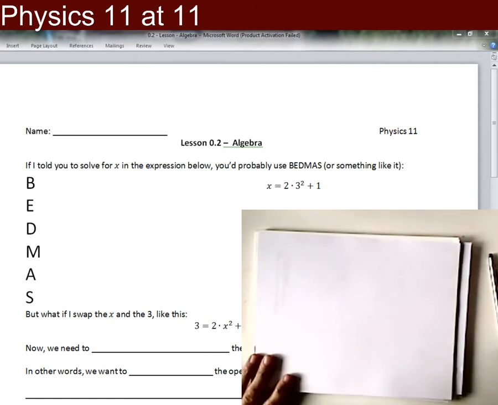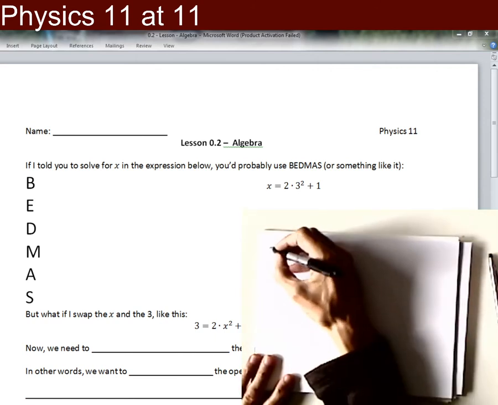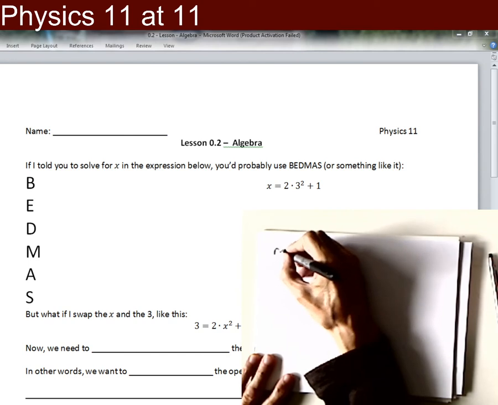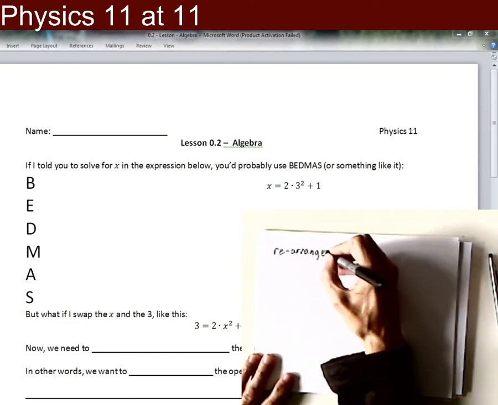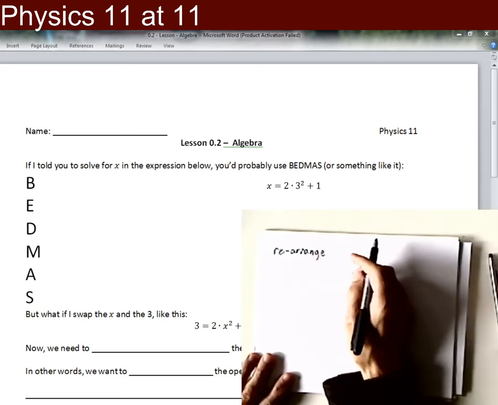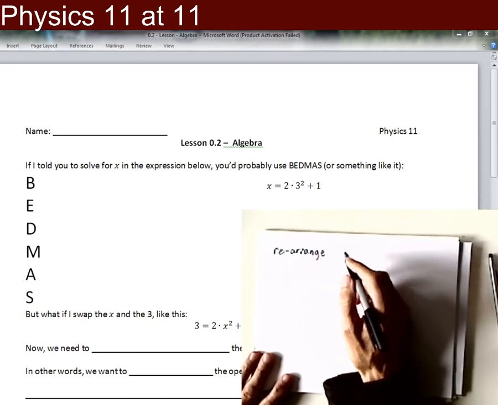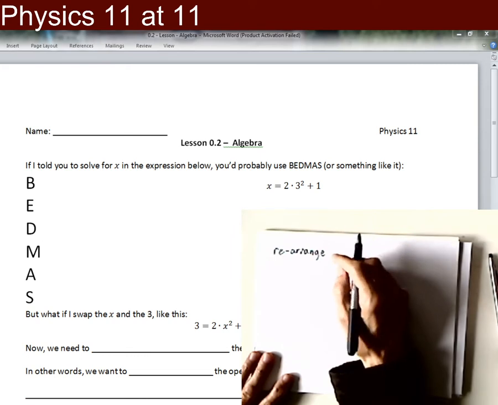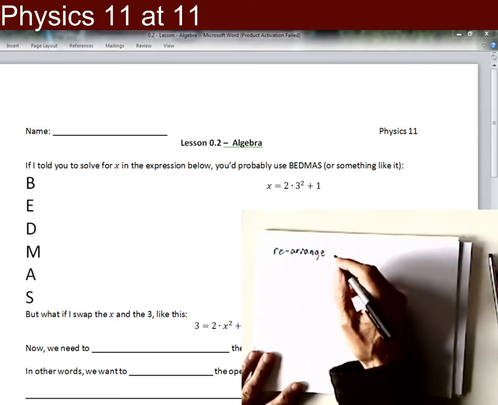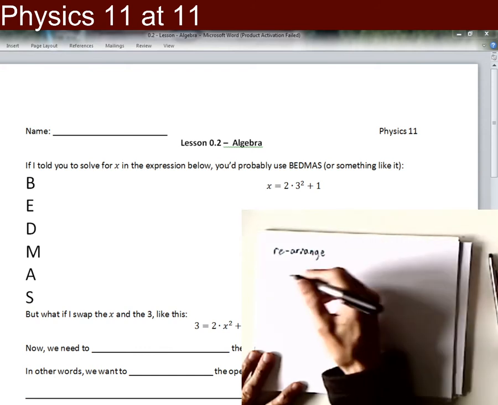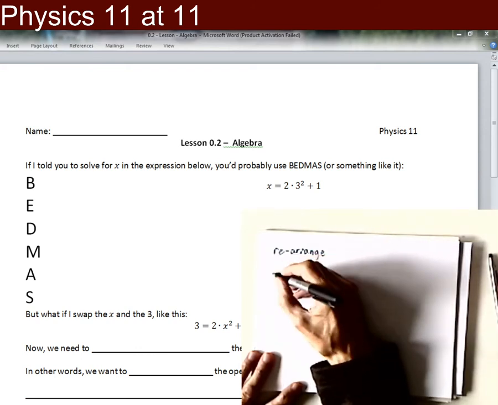So now, for this concept, what we need to do is rearrange the equation to solve for x. That's really what we're doing. In fact, you can just erase everything. It'd be wrong, but erase everything. It doesn't work. So what we have to do is rearrange in a special way.